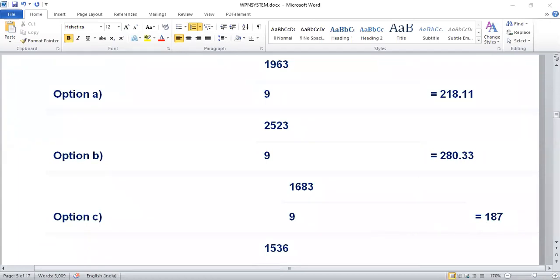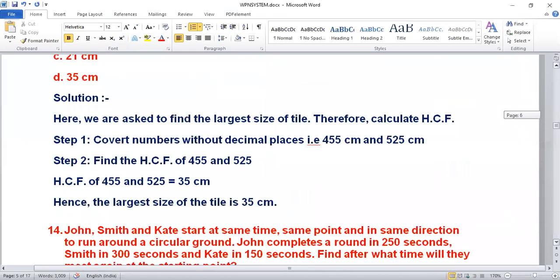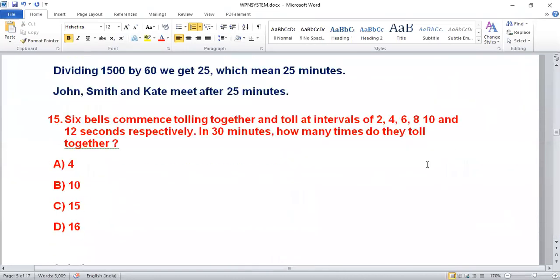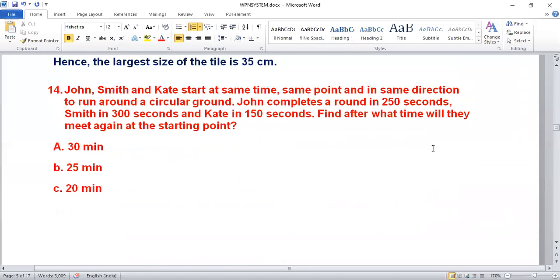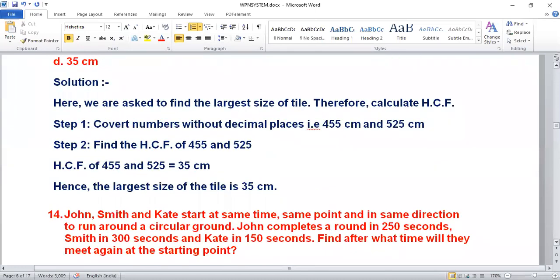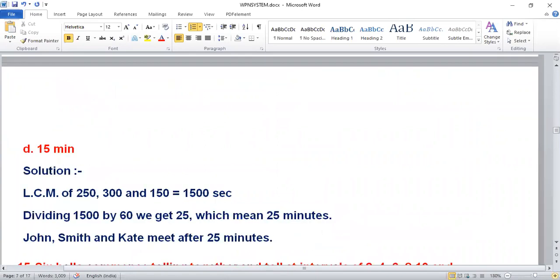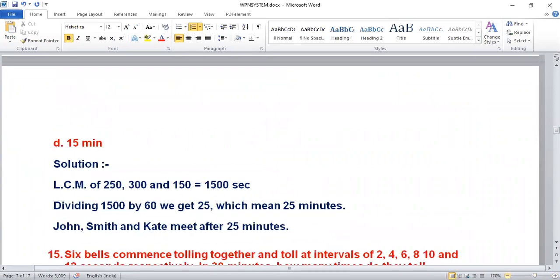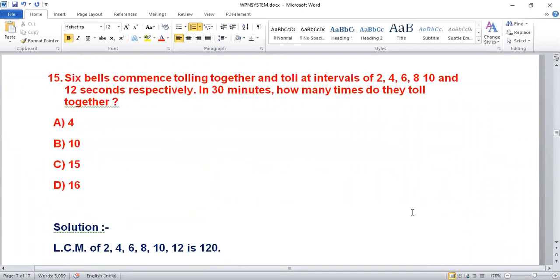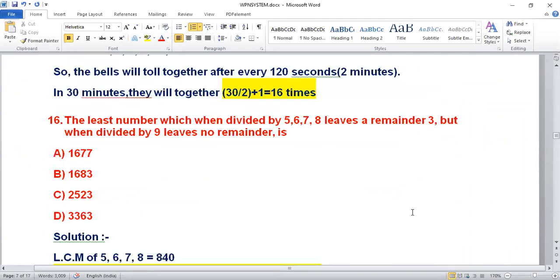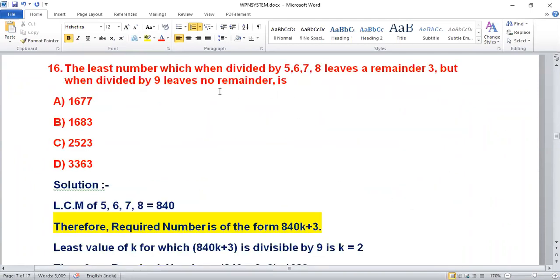Okay. But there is another method of solving this question. See the same question. It can be done like this also. Just find the LCM of 5, 6, 7, 8.